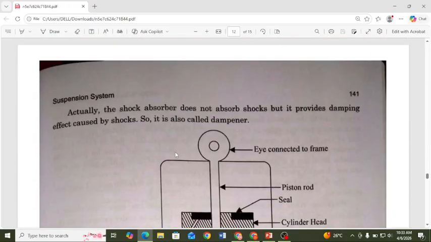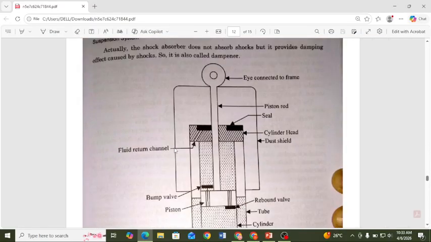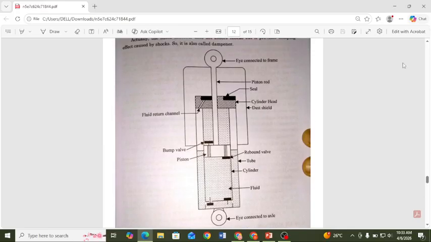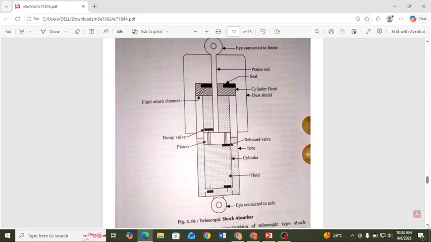The principle of the shock absorber is shown in this image, and I will zoom in on it. It's a telescopic shock absorber. What is a telescopic shock absorber? This is the eye connected to the frame, and around it there is the piston spring and the seal in the cylinder head.